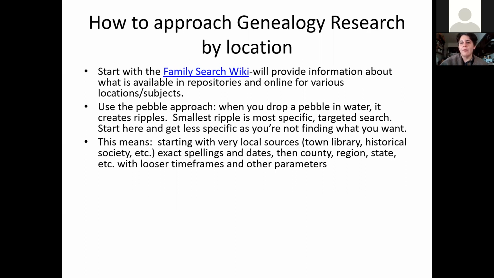So maybe for my Minneapolis friend, I'm looking at Minnesota first and seeing what state level collections there are before I go down to county resources and then down to the municipality of Minneapolis. And then as I said, when you're searching a digital repository, you're using more exact spelling and dates, and then you're going from there.